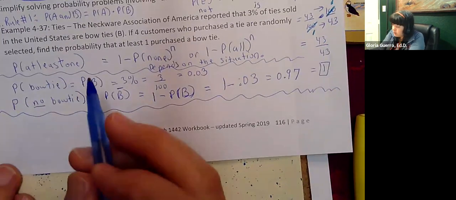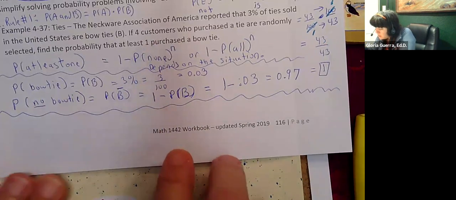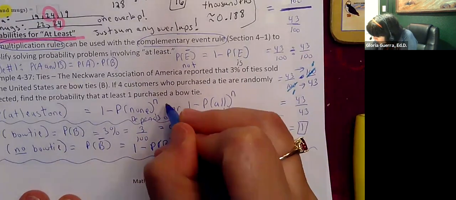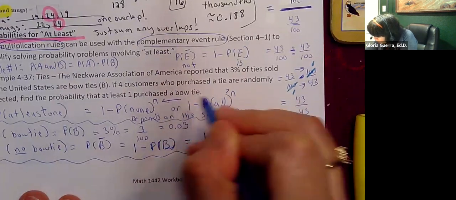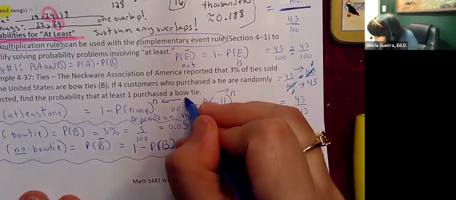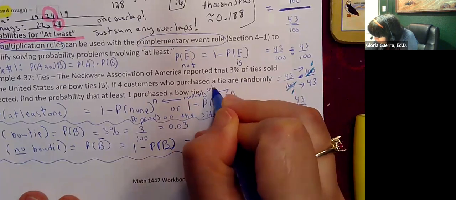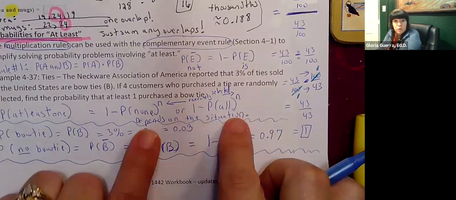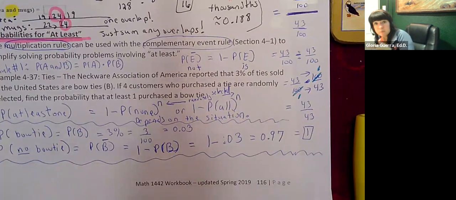Okay, so now when I find the probability, if 4 customers, that's where the n comes in. This has to do with randomly selected. For us, 4 customers who purchase a tie are randomly selected, so we're going to be using the 4th power for that.